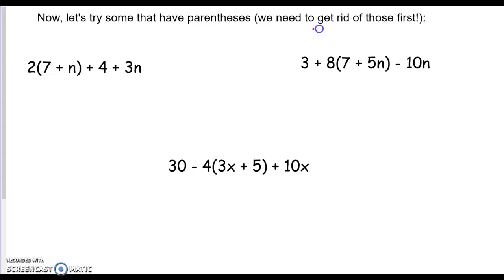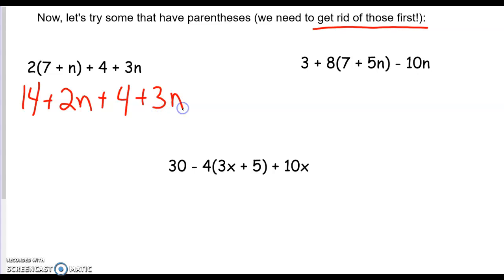Remember, we need to get rid of those first, and we use our distributive property to do that. Okay, so these are going to have a couple steps involved. All right, let's get rid of our parentheses on this first one. 2 times 7 is 14, and 2 times n is 2n. All right, and then I'm going to rewrite the rest of the expression.